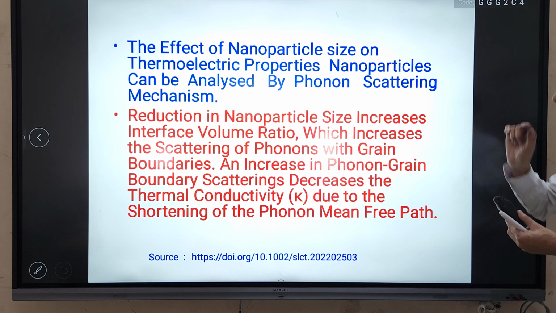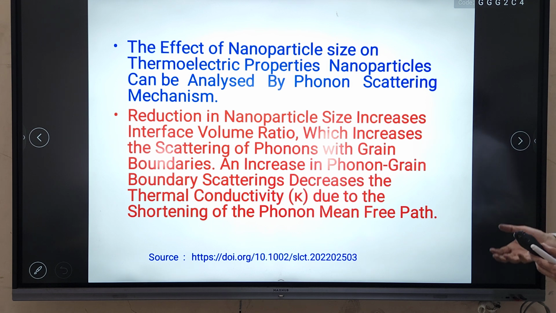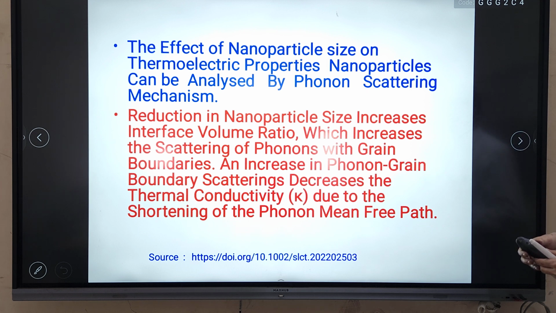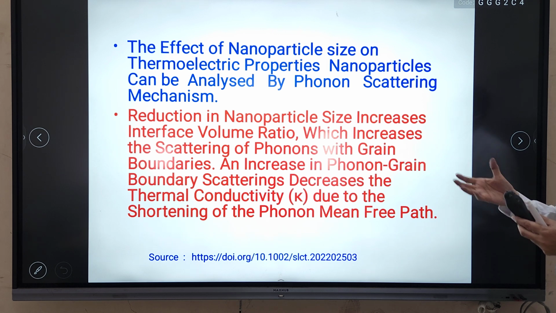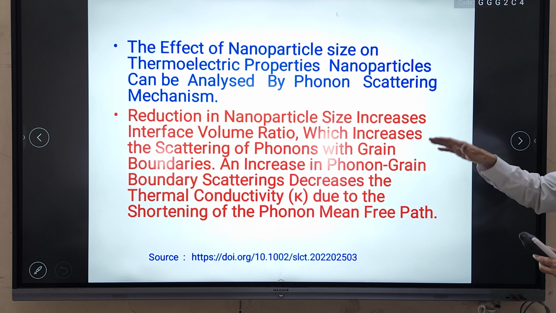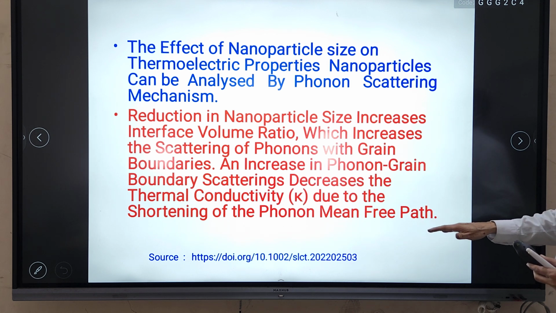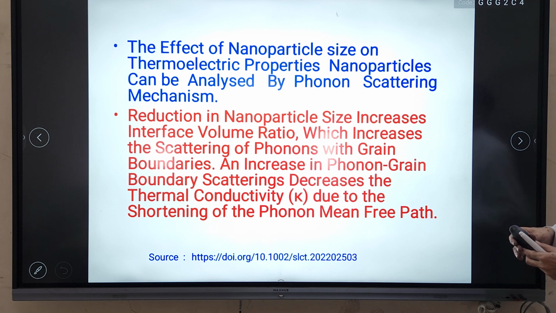If I decrease the size of the nanoparticles, it increases the interface volume ratio, the surface area to volume ratio, which increases the scattering of the phonons at the grain boundaries. An increase in phonon grain boundary scattering decreases the thermal conductivity due to the shortening of the phonon mean free path, which is very important.